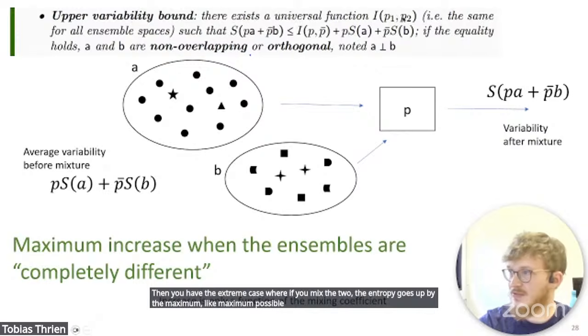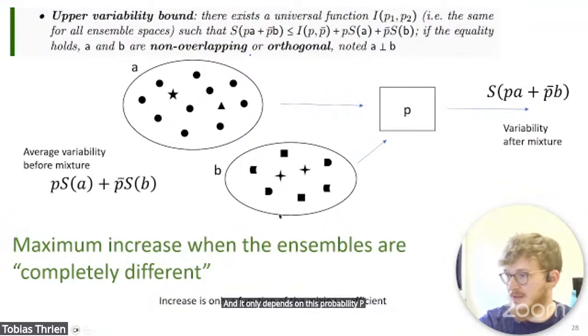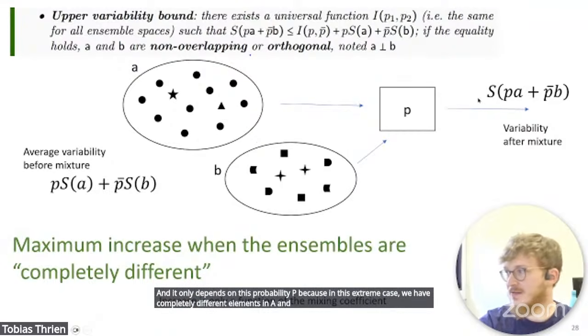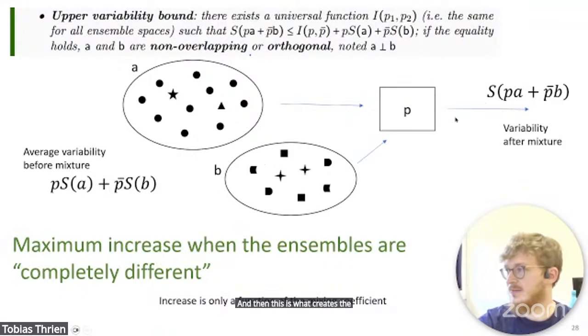So we assume there's a universal function that bounds by how much the entropy will increase, and it only depends on this probability P, because in this extreme case we have completely different elements in A and B. So basically, for the output ensemble, you will immediately know whether it came from B or from A. And this is what creates the additional variability, because based on P you randomly get something here or here.